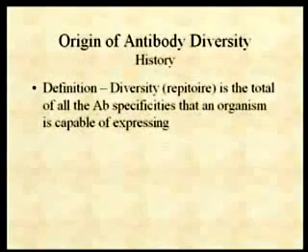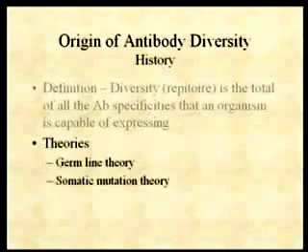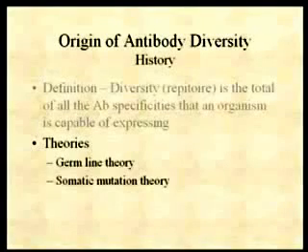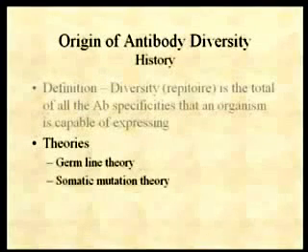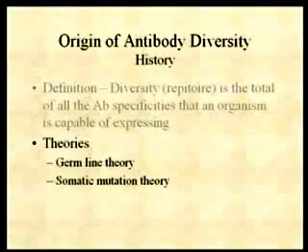And so a lot of theories were proposed as to how we could generate the diversity. There were a whole series of them, but basically they fall into two general categories. The one are the germline theories. What the germline theories say is that we have in our germline the genes for all these specificities. In fact, the strict germline theory would say we would have to have somewhere between 10 to the 7th to 10 to the 8th genes that code for all these different antibody specificities.